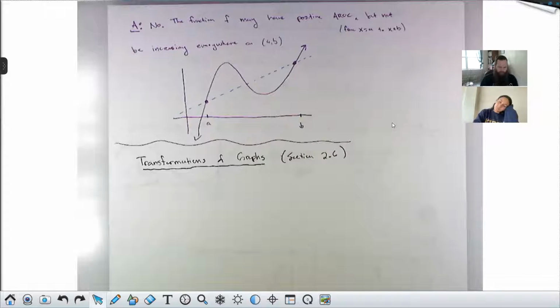One of my goals here at Santa Fe is to remedy that problem. And the most useful tool I have is to drill hard on this section. Because if you know those basic parent functions that I showed you in Desmos, and you understand the transformation rules that I'm about to show you now, you'll be able to graph 99% of the functions you're going to encounter in the calculus textbook.